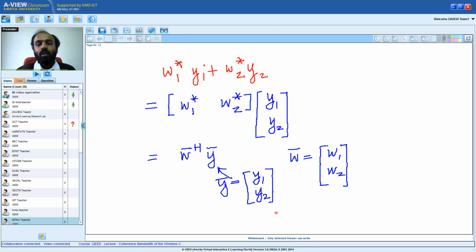This is the combiner, also known as a linear combiner.